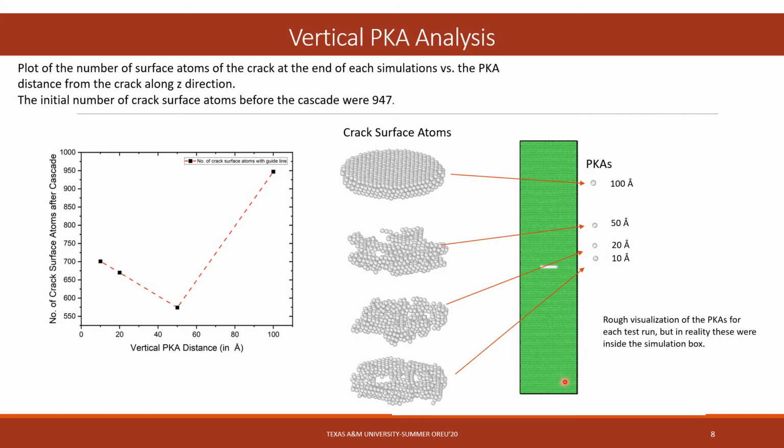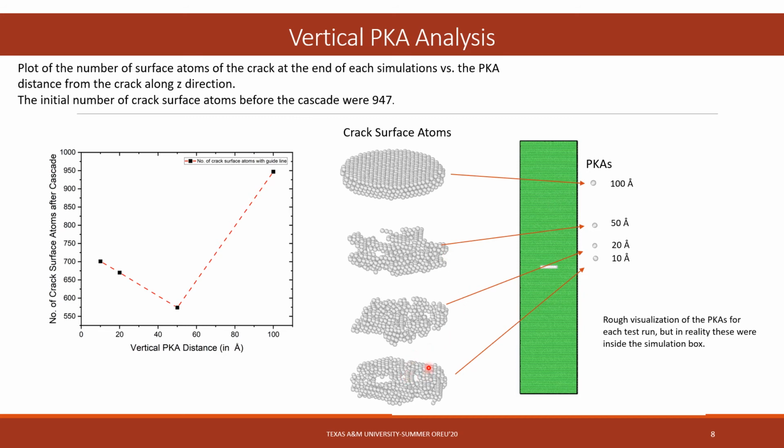What we see here is actually how the different PKAs were positioned with respect to the crack at distances of 10, 20, 50, and 100 angstroms vertically along the z direction, although they weren't outside the box like we see here, but within it.